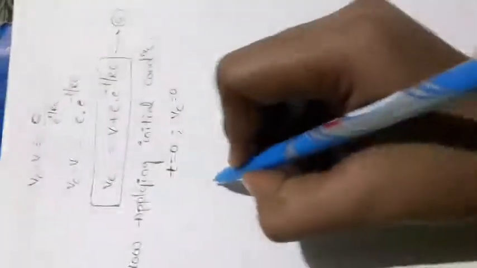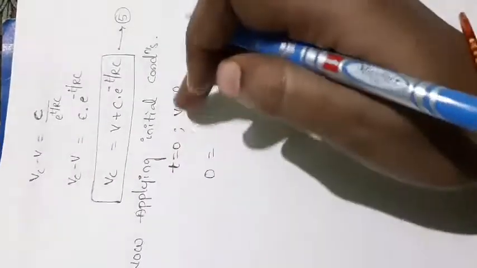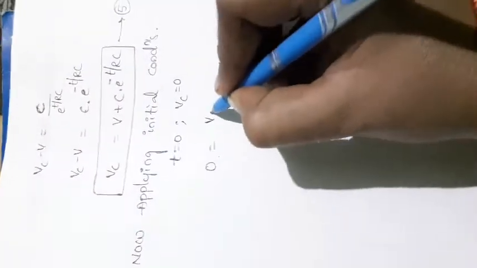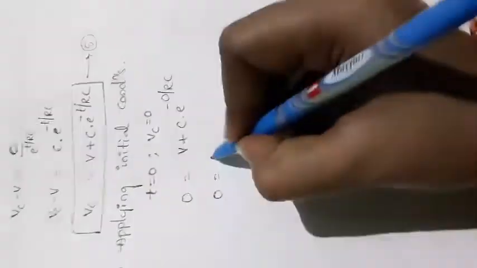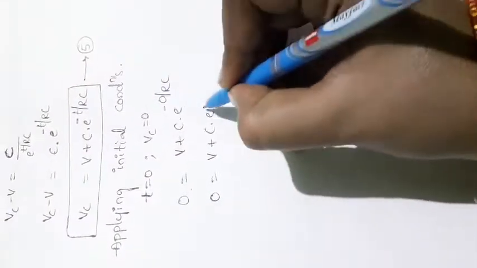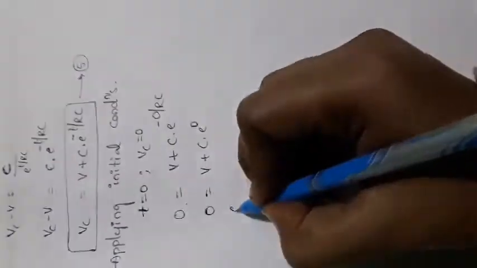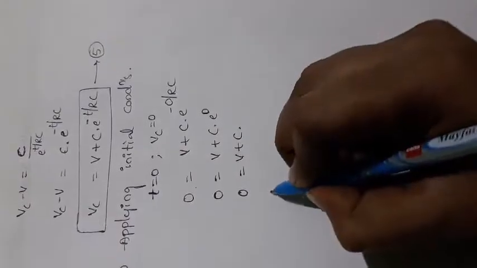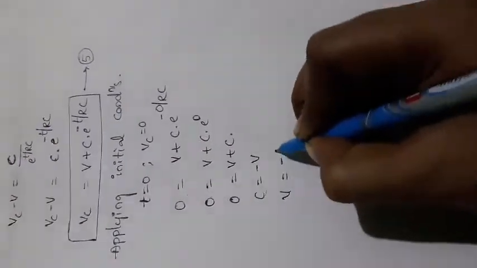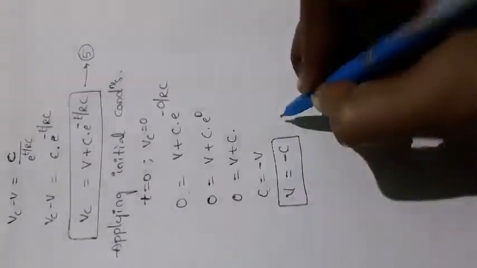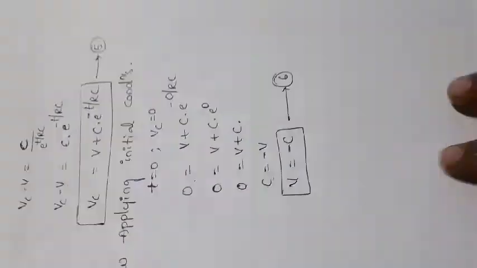So apply here Vc as 0, so these two can be substituted in the above equation. Vc as 0, and V plus C into e power minus t is also 0, so 0 is equals to V plus C into e power 0, which is nothing but 1, so then we'll get V plus C. So the C value is nothing but minus V, or V is equals to minus C. Okay, this is our sixth equation.